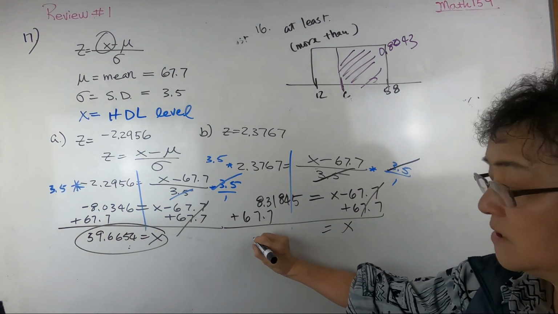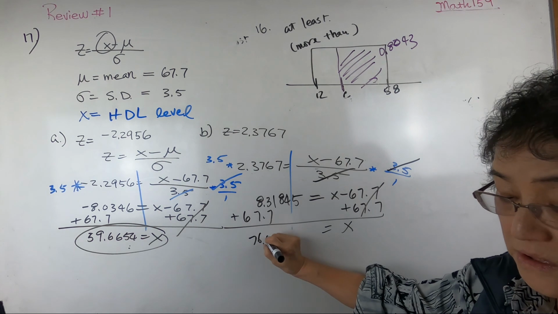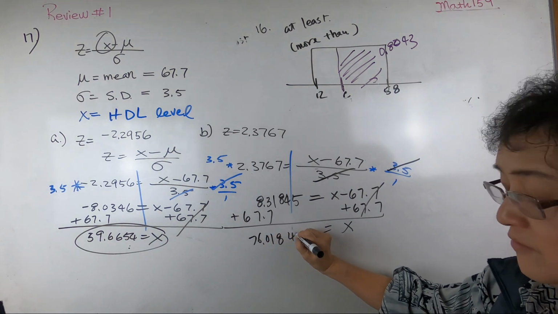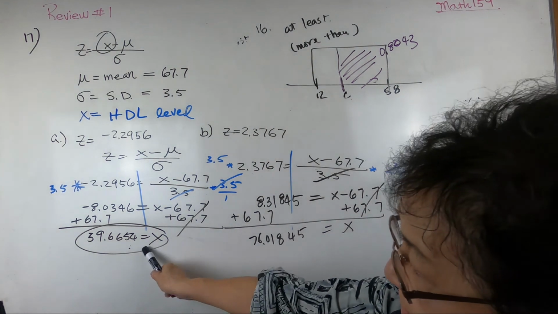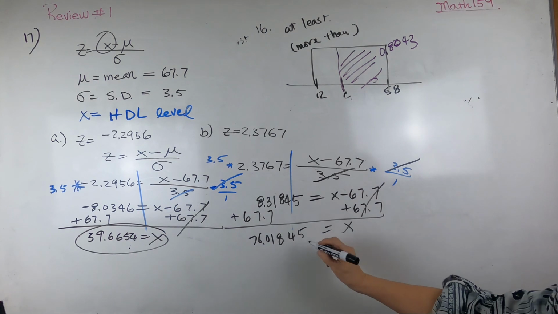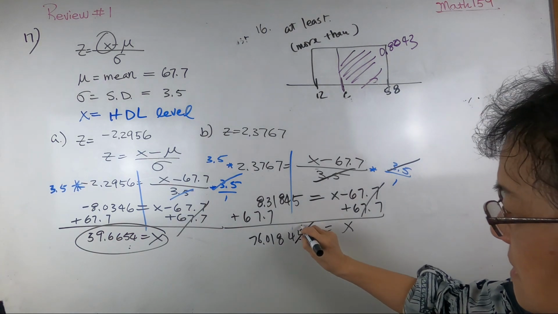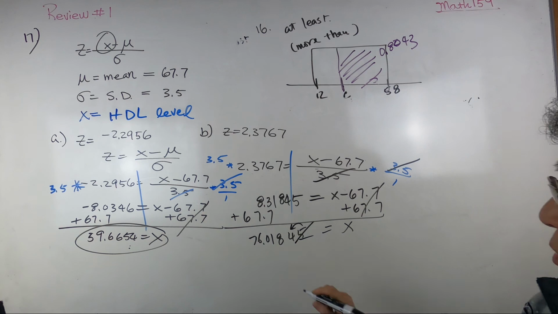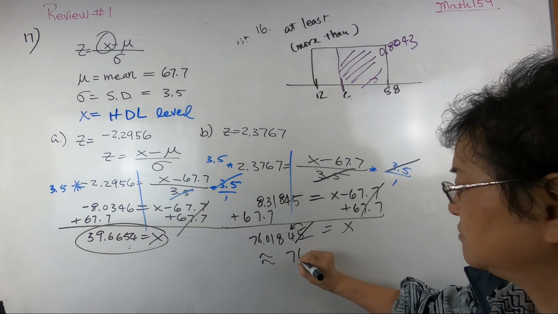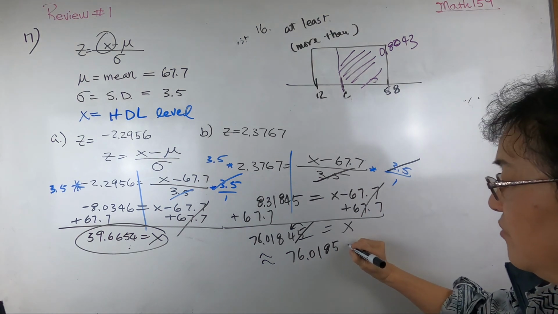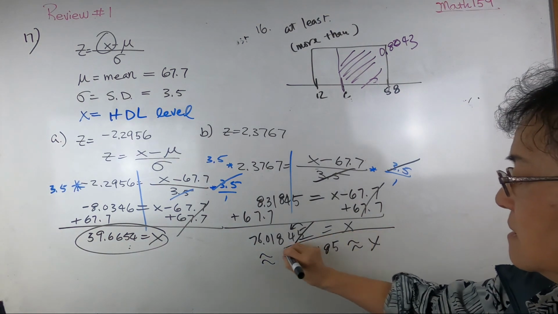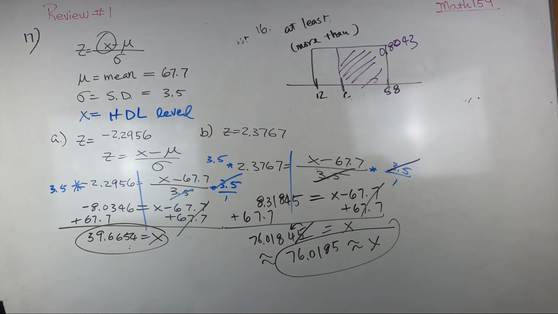So you add them together, 76.01845. And it says rounded to 4 decimal places. This one is a 4 number. This one more than that, so I don't need this. Increment by 1. So my answer should be 76.0185 for your X. Is that right?